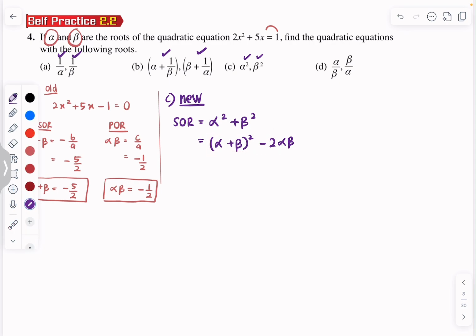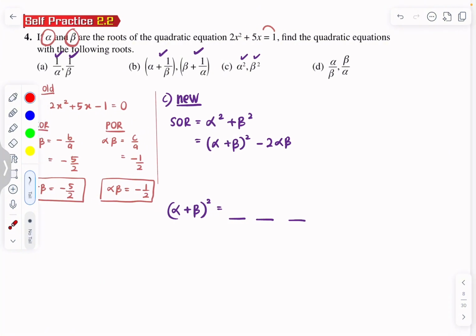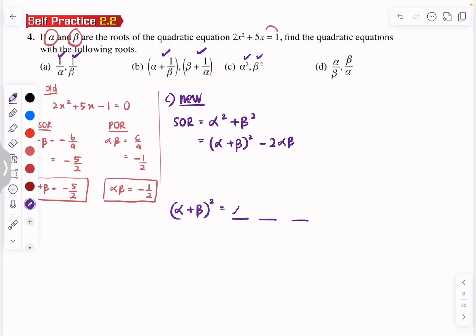So alpha plus beta square, if you expand this, will give us 3 different terms. The first term will be alpha square. The third term will be beta square. And the middle term will be 2 times alpha times beta, so 2 alpha beta. So this is what we get when we expand alpha plus beta square.